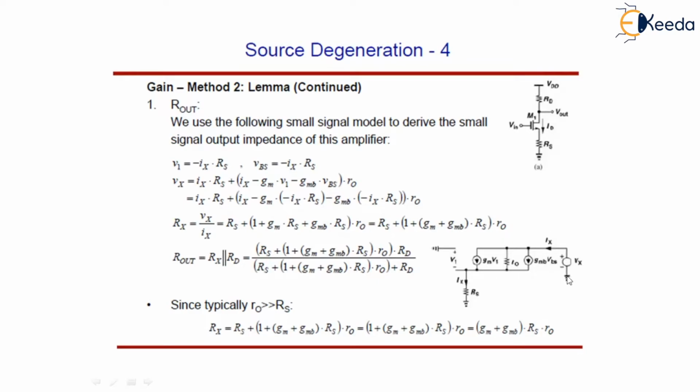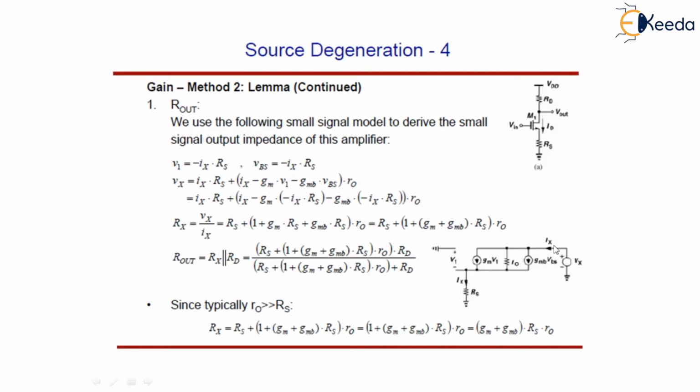So what we get, Vx equals Ix Rs plus the current in this branch, that is Ix minus GmV1 minus GmbVBS, into R0. Okay, so what we have done, we have applied a KVL in this loop.